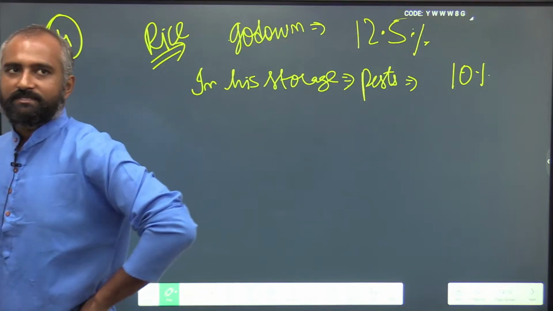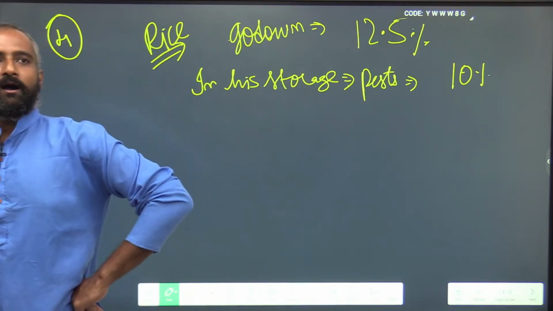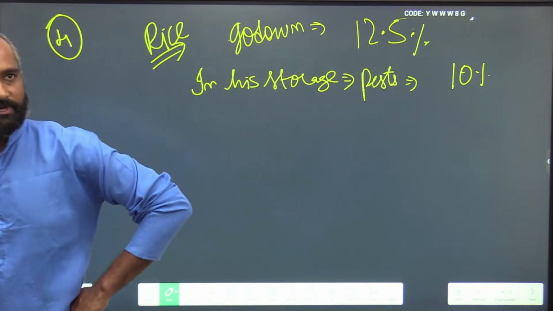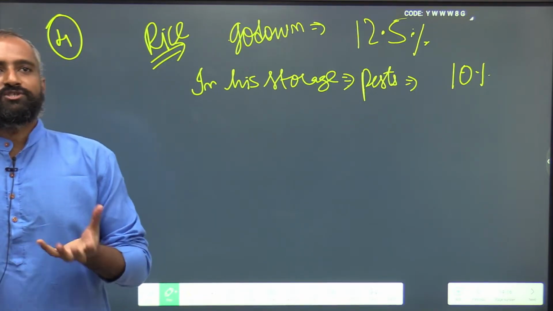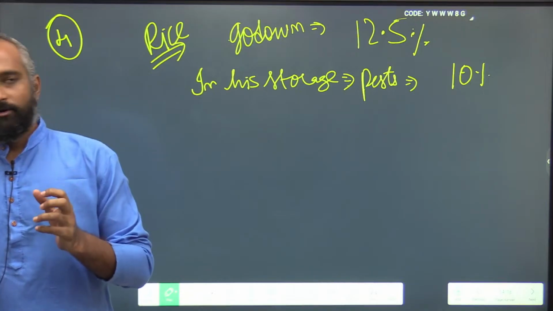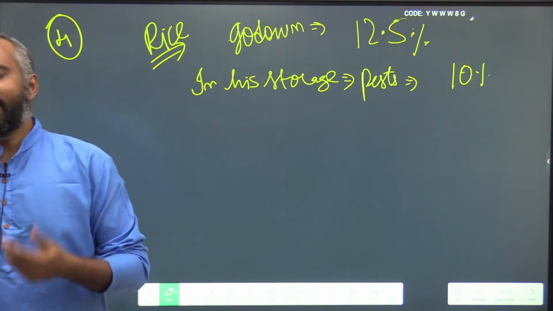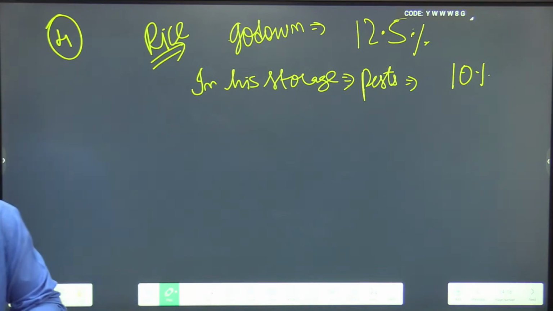Somebody has bought rice from a godown at a discount of 12.5% and next he stores it in his own storage area. Because of storing there, because of some rats or mold, he loses 10% of that.